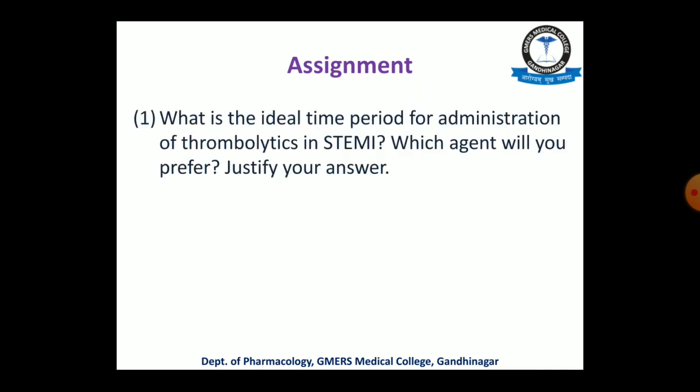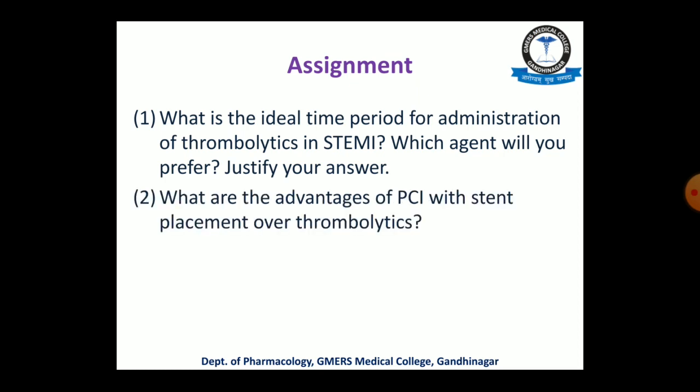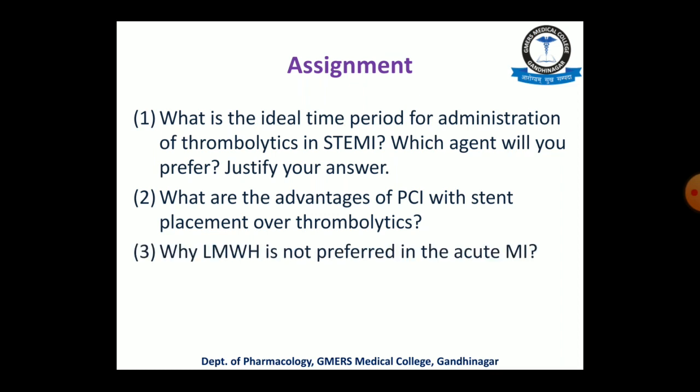What is the ideal time? First question: what is the ideal time period for the administration of thrombolytics in ST elevated myocardial infarction? Which agent will you prefer? Justify your answer. Second, what are the advantages of percutaneous coronary intervention with stent placement over thrombolytics?